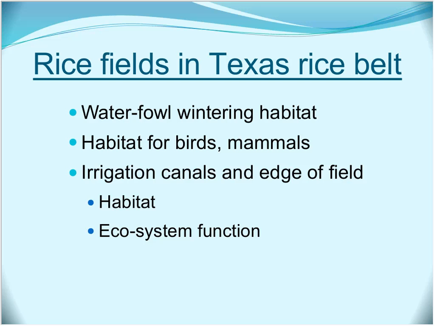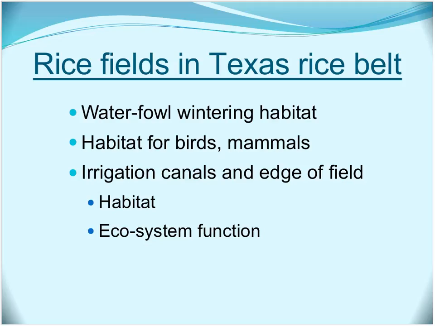The rice fields in Texas, in the rice belt, are habitat for wintering waterfowl, and lots of species, not just ducks and geese: wading birds, shorebirds, other birds, and habitat for mammals.